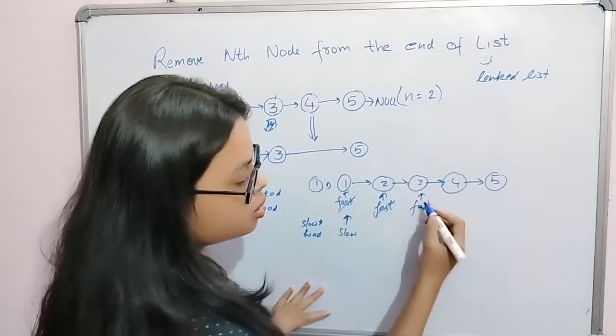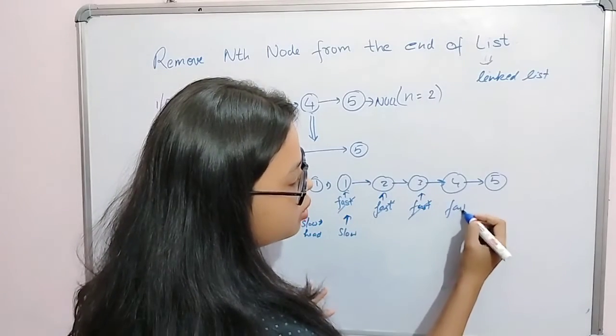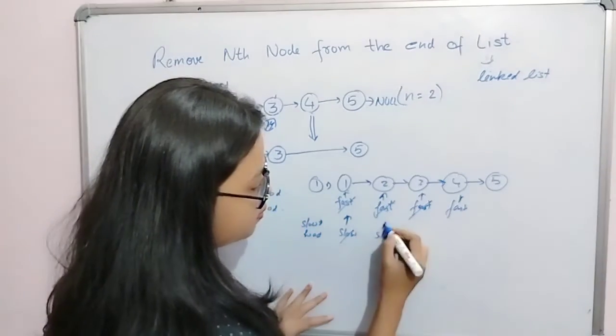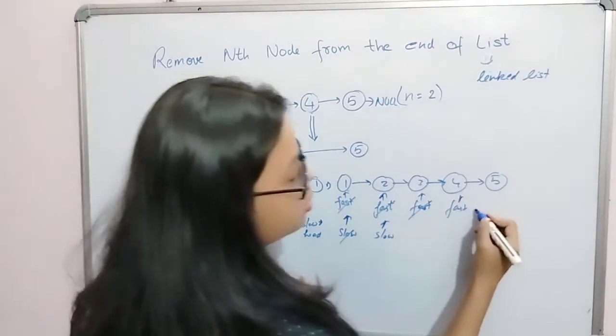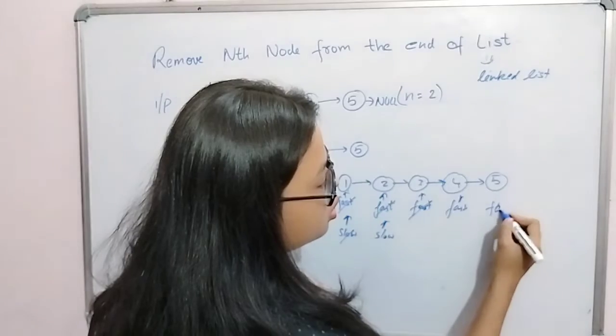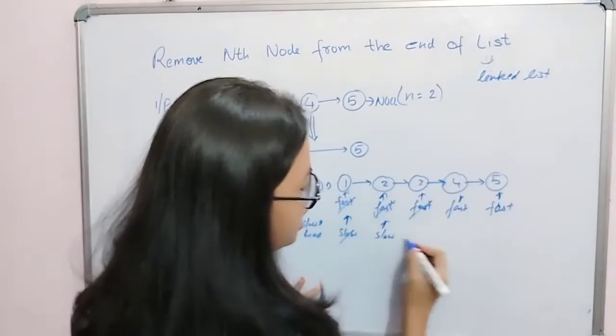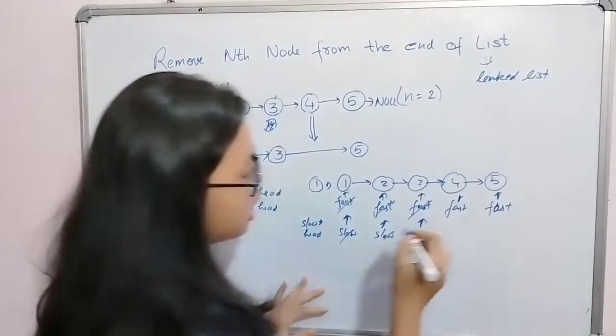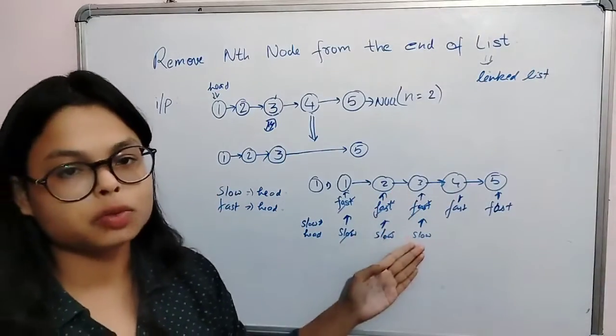In the next turn, fast will come here and slow will go on the second. And in the next turn, fast will come on 5 and slow will come on 3. And this is exactly what we wanted.